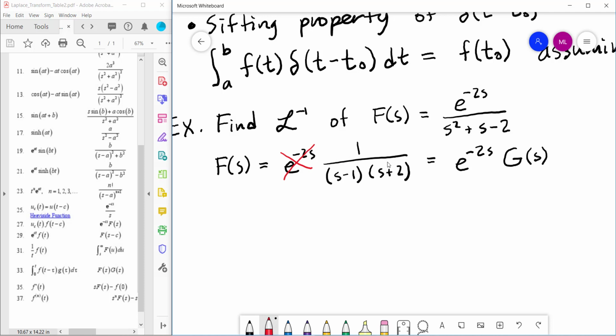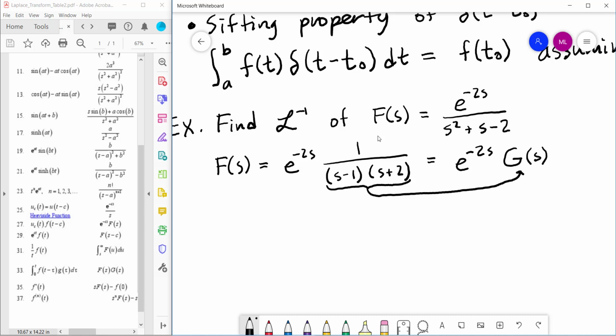I would use partial fractions to separate this into two separate fractions that both take a form that I can inverse transform. But because of this piece, it complicates things. So I want to think about just this piece by itself. So this piece is what I'm calling our g of s term. So just keep that in mind. And actually, let me come back and erase my crossed-out part. But that's what I'm calling g of s. It's basically just that piece.